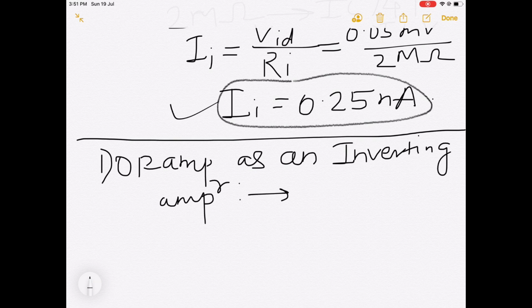So, for this, in lecture 5 we have seen its circuit diagram, how it should be drawn, but again we will draw it here for calculation of its gain.